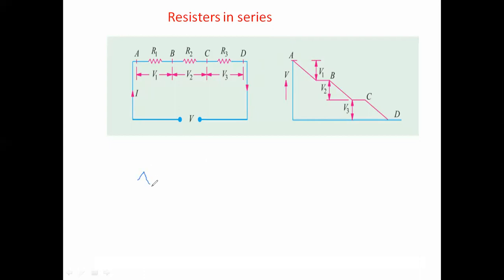A resistor is represented by this symbol. This is the resistance R1 and this is the resistance R2. When two resistors are connected in series, what is the net or equivalent resistance value?